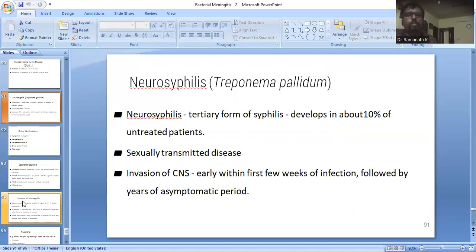Syphilis, as you know, is a sexually transmitted disease produced by Treponema pallidum. The bacteria may invade the CNS early, within the first few weeks of infection, followed by years of asymptomatic period. So usually this complication you can see in the late tertiary stage of the infection.